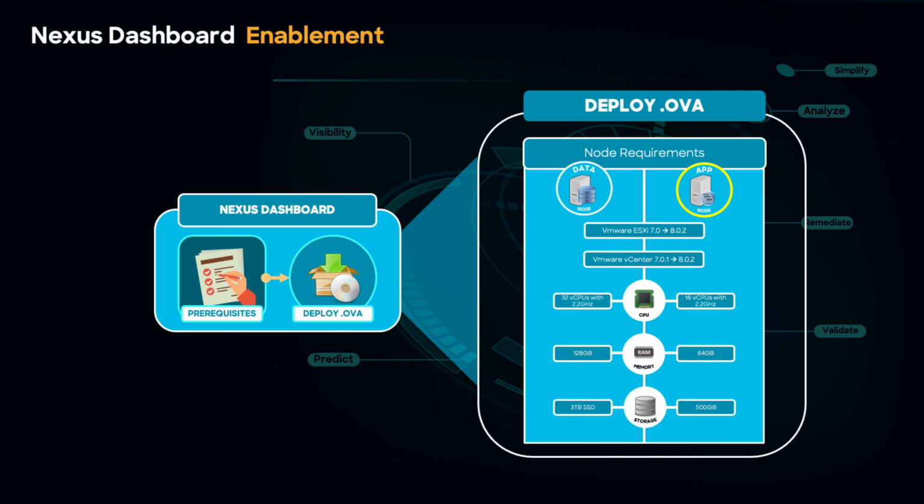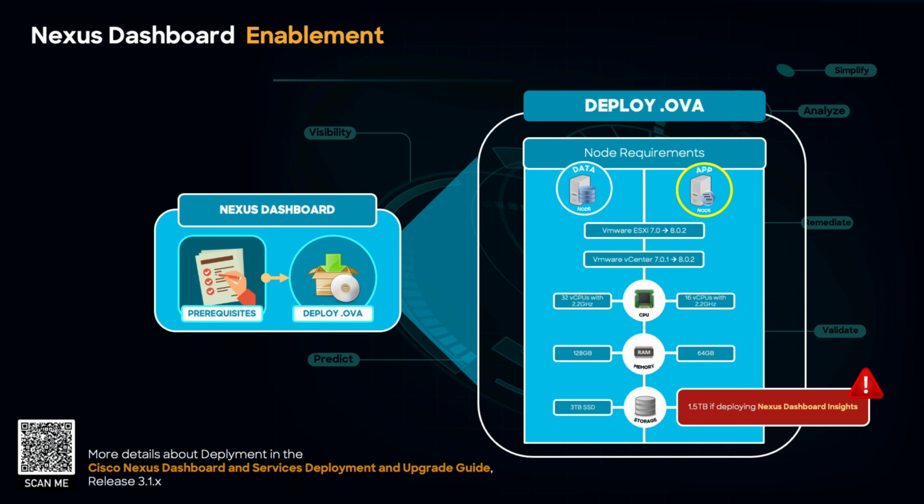However, as indicated in the configuration guide, when we are going to enable Nexus Dashboard Insights, we must modify this storage capacity to at least 1.5 terabytes for each functionality. Let's always remember to consult the configuration guide associated with the release we are installing.